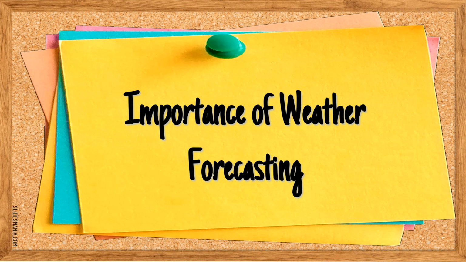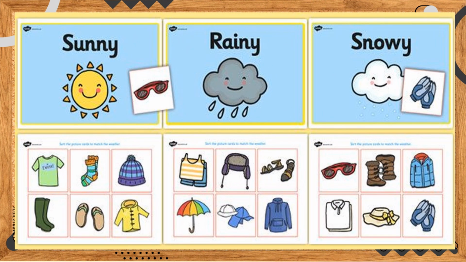What is the importance of weather forecasting? Weather changes affect all living organisms, directly or indirectly. Knowing what weather to expect during the day helps you make decisions. It can be a good indicator of your planned food. You can consider the type of clothes to wear during different weather conditions.